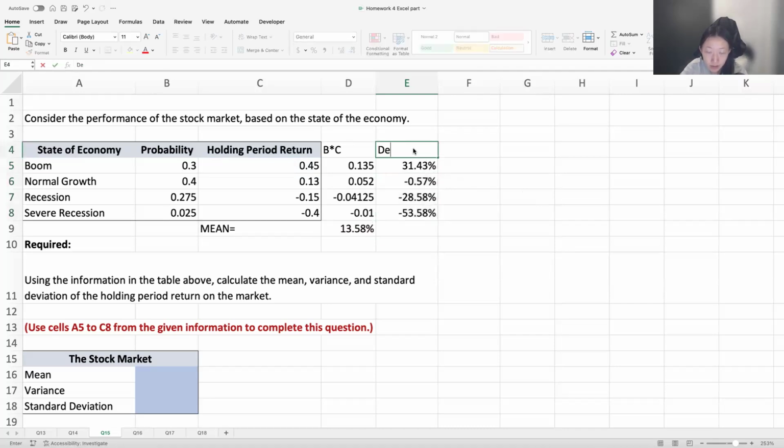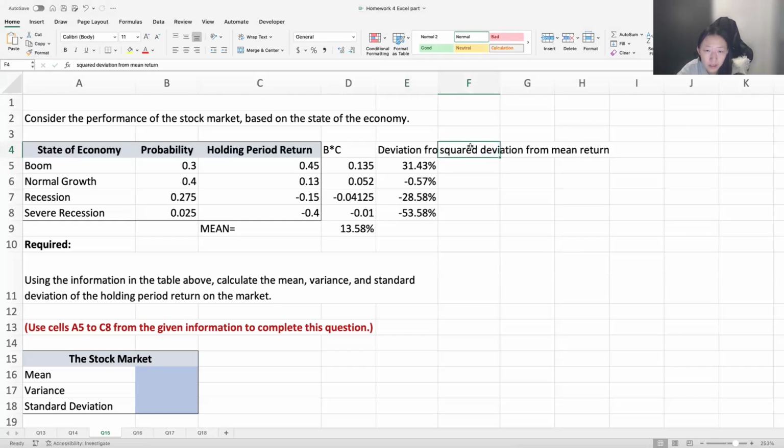So this is the deviation from mean. Okay, so next we want to calculate the squared deviation from mean return, which is taking the square of the deviation.